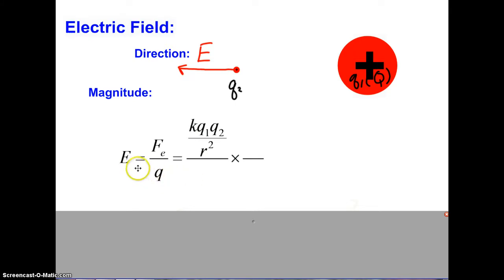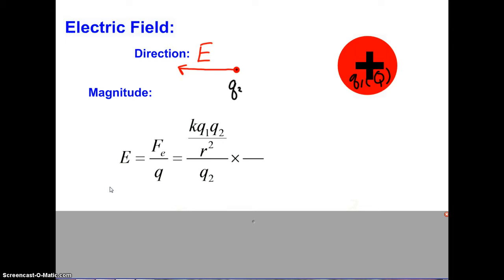Well, going back to the definition of magnitude of electric field, the strength of the electrostatic force at that spot divided by, it would be the charge located at that spot. So in our example above, the charge that we would substitute in the denominator here would be the charge located at that spot we want to know the strength of the electric field at, and that charge would be Q2.